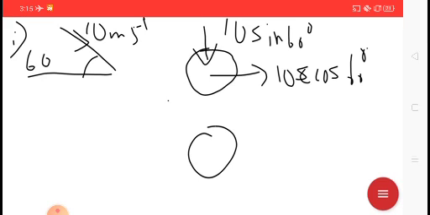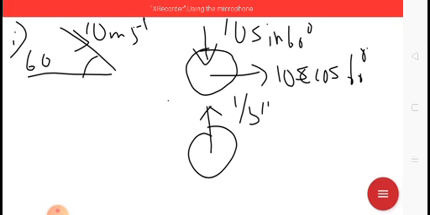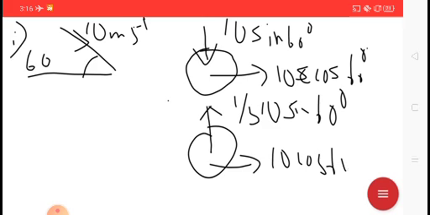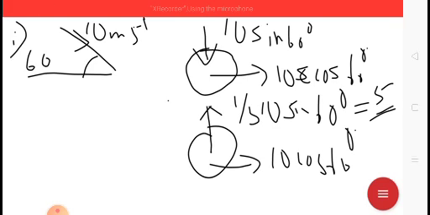So after impact, you have a vertical component in this direction 1/3, 10 sine 60, and horizontal still the same. Okay, so the vertical component, if you simplify, will be equal to 5 over square root 3. Okay, 10 cos 60 will be equal to 5. Okay, so this one is equal to 5.